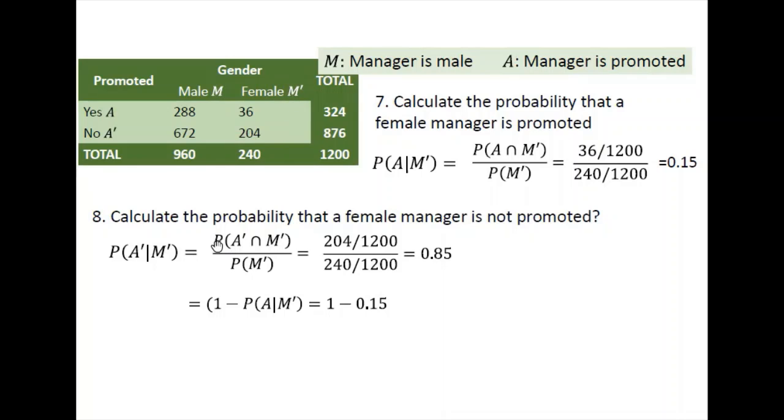So the probability of A prime intersection M prime divided by the probability of conditional part, it means the probability of M prime.